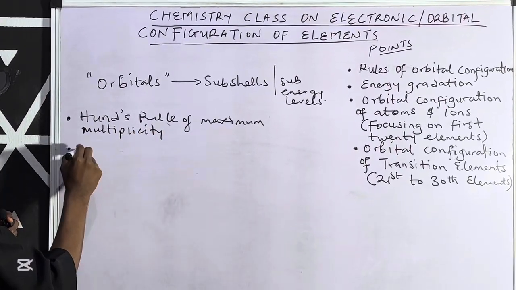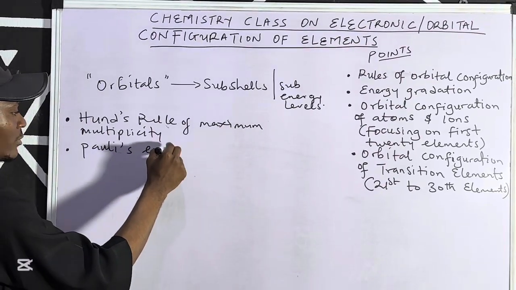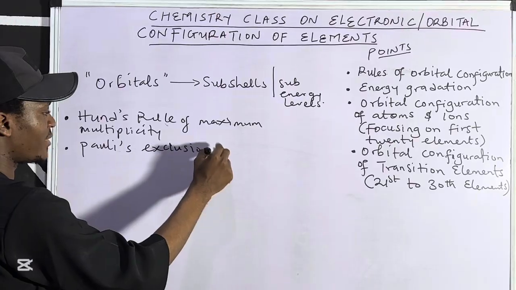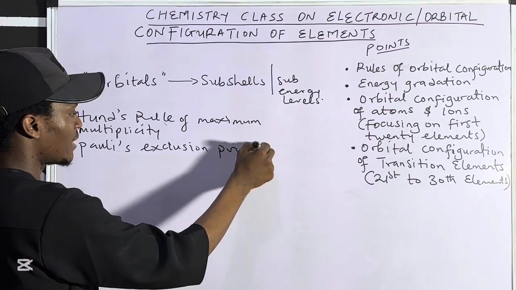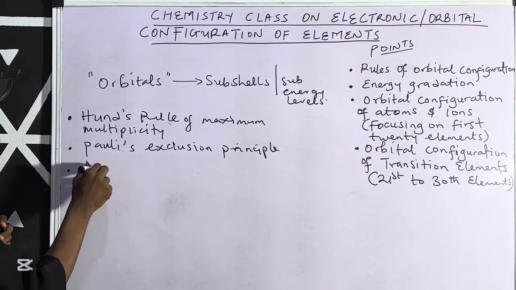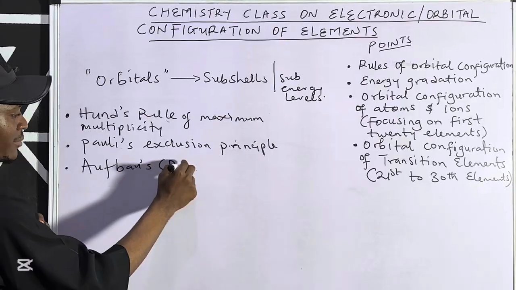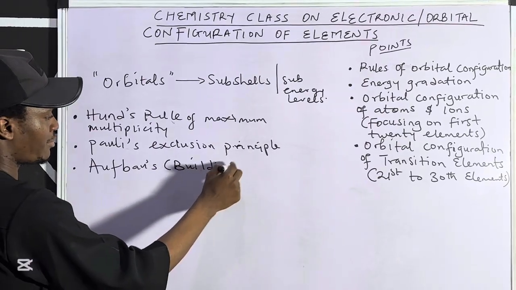Then we have the other known as Pauli's exclusion principle. Then we have the last being Aufbau's, also known as the building up principle.